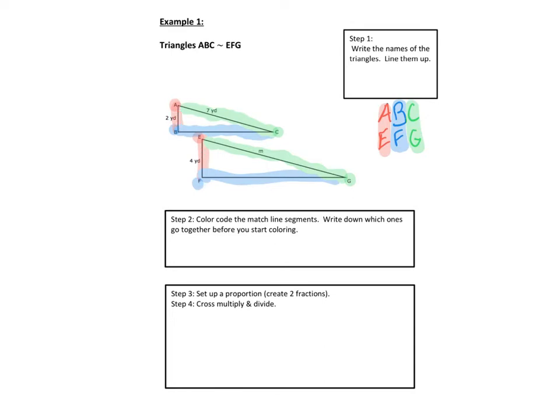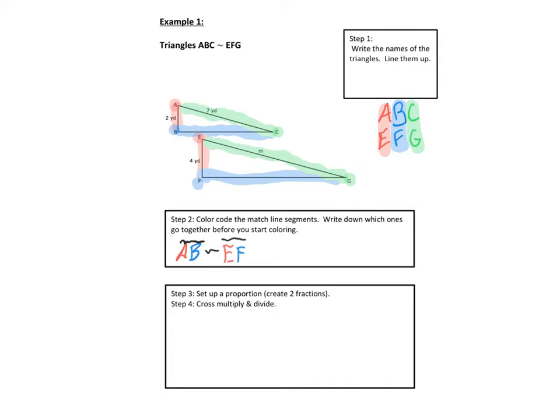So let's write that. So I have A, B, and that is a line segment, so we have to have that little line over it, is similar to EF. And that is also a line segment, so I have to add the little line over it.